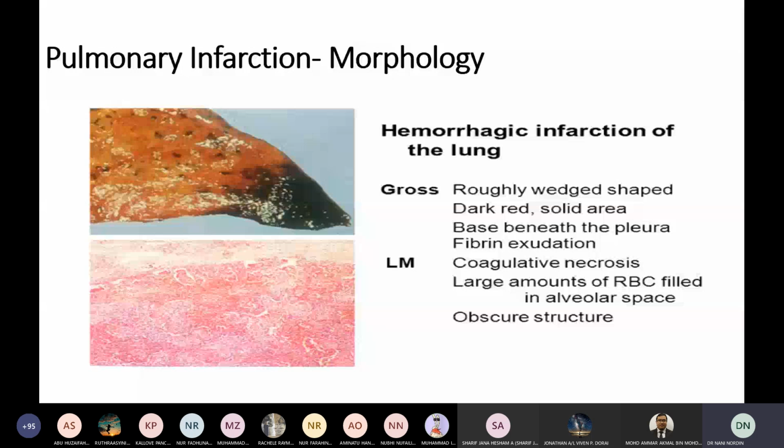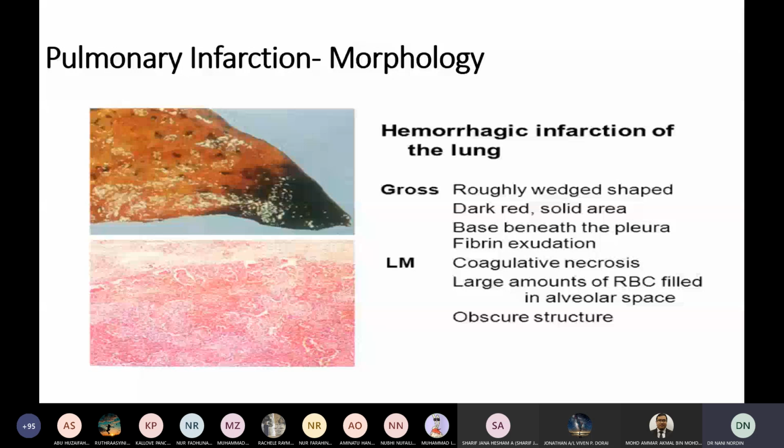The nucleus is not there because it's necrosis, but you can still see the framework of the organ. So it's coagulative necrosis.